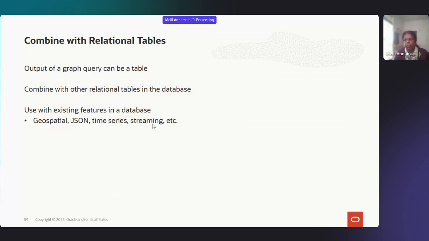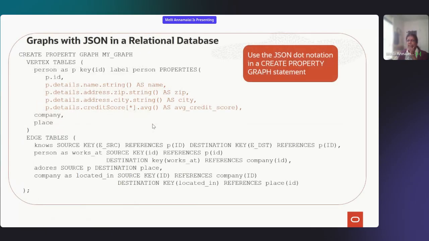And you can also use this with existing features in a database, like geospatial analysis, JSON, time series, streaming. A modern database like Oracle will have support for all of these technologies, and if you're able to have graph as well, you can integrate graph with all of this. So my repeated message here is graph should not be a separate silo. It should work with the system that everyone is familiar with, like the relational system.